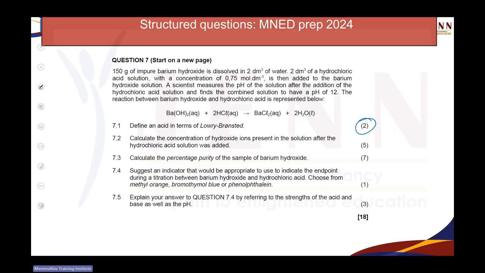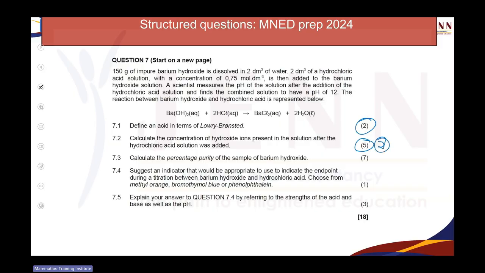They're saying we should calculate the concentration of hydroxide ions present in the solution after hydrochloric acid was added. We will not be able to do that, unfortunately. The next teacher is already here, but we should be able to calculate the number of moles. The most that we can do, we should be able to calculate number of moles. And that would be at least 2 marks.